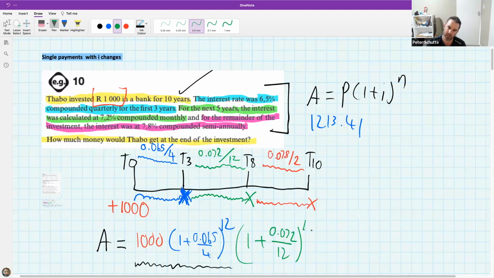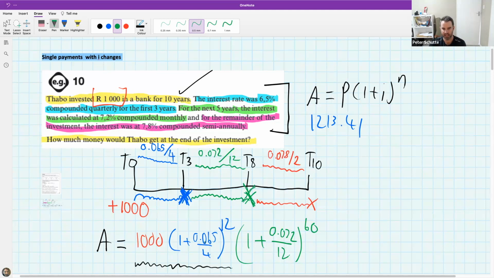And what is going to be the time periods? So how long does it take in months to go from T3 to T8? Well, 5 times 12 will give me 60.